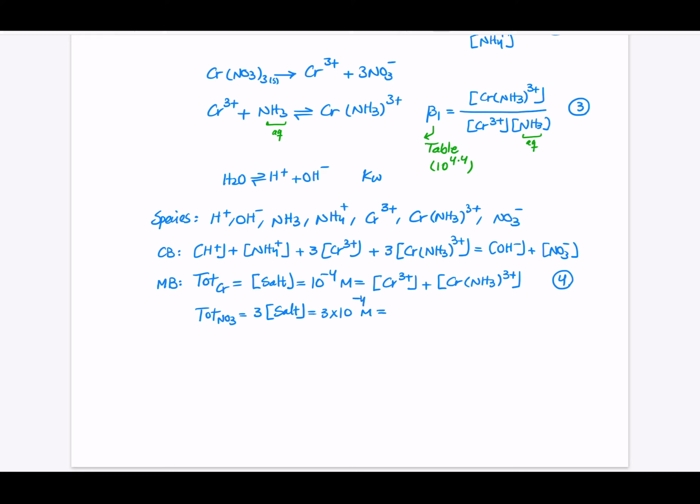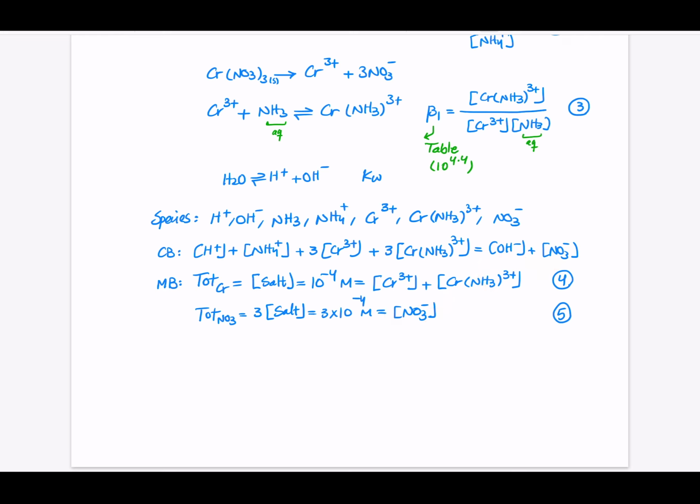What are the nitrate containing species? What else? That's it. But the good thing is we have immediately the concentration of one of the species in the charge balance.